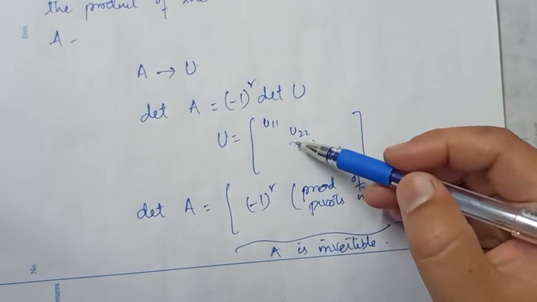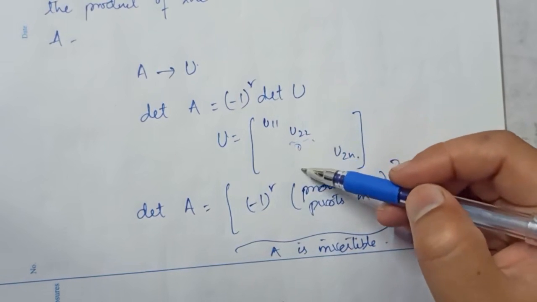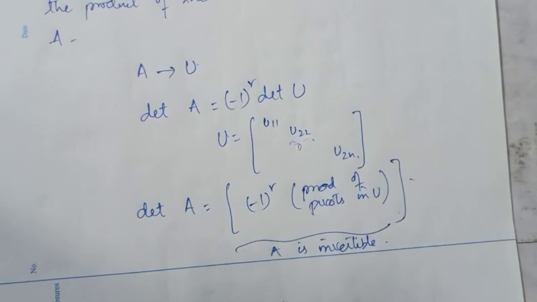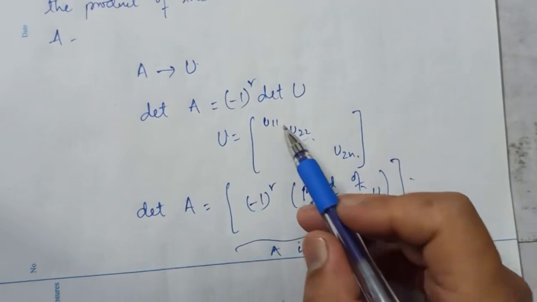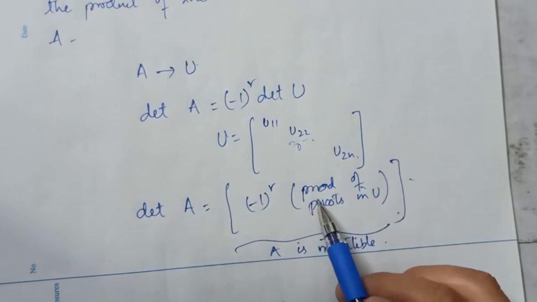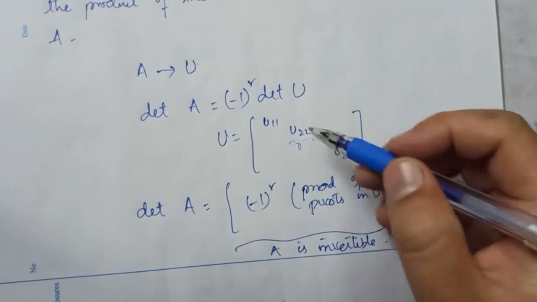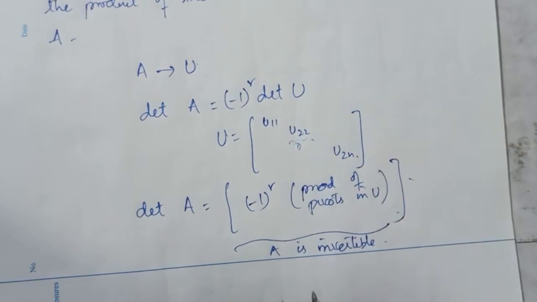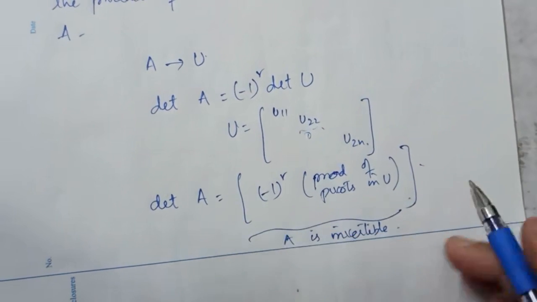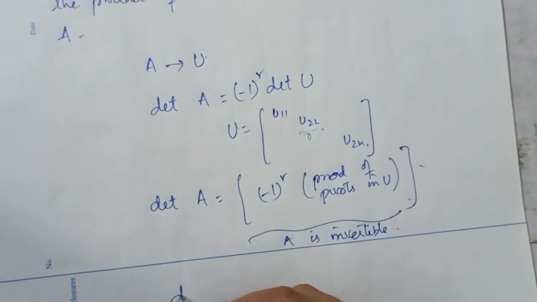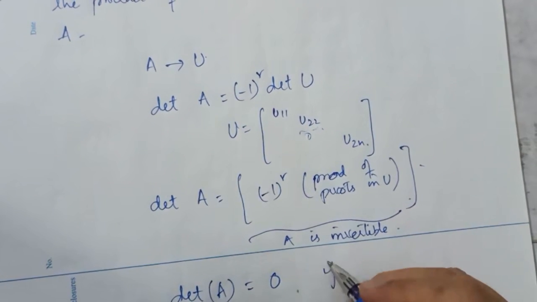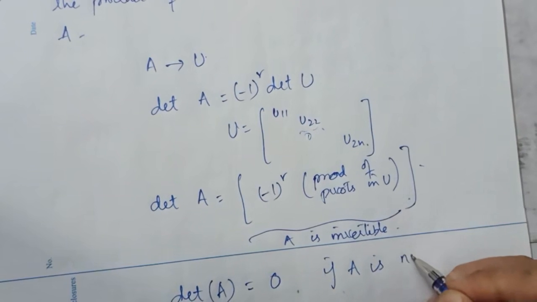In that case, any diagonal element also becomes 0 due to that dependency. And of course, because the determinant is nothing but the product of the pivots in U, any entry being 0 on that diagonal will make determinant A equal to 0. So determinant A will be equal to 0 if A is not invertible.